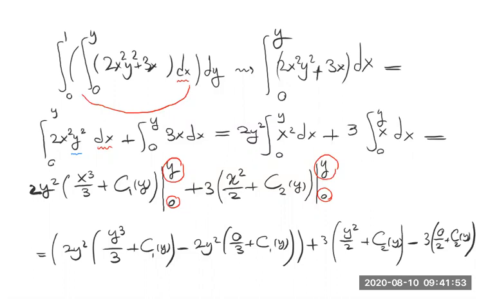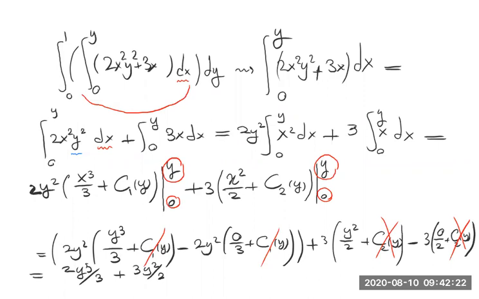As you can see, c1 cancels with minus c1, c2 cancels with minus c2. That's a good thing. So if we do the multiplication and simplify it a little bit, we would get 2y to the 5 over 3. And well, we have 0 there, and then we get 3y squared over 2.